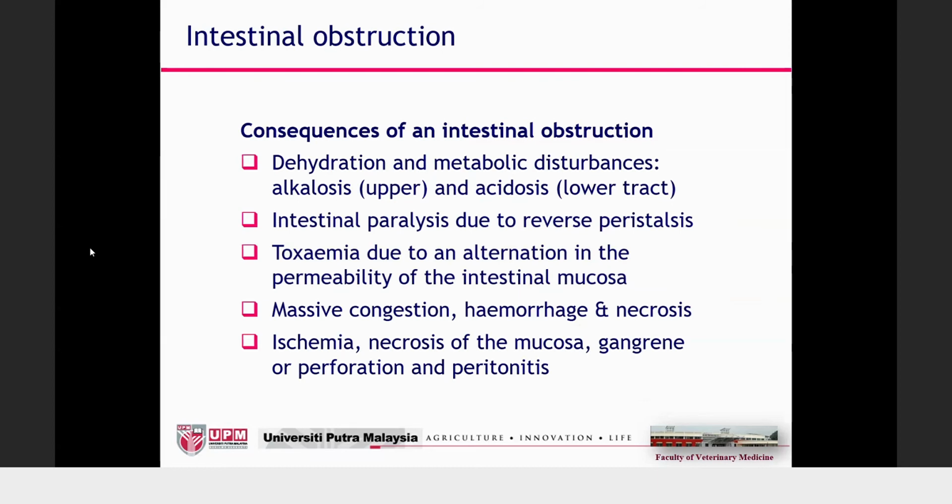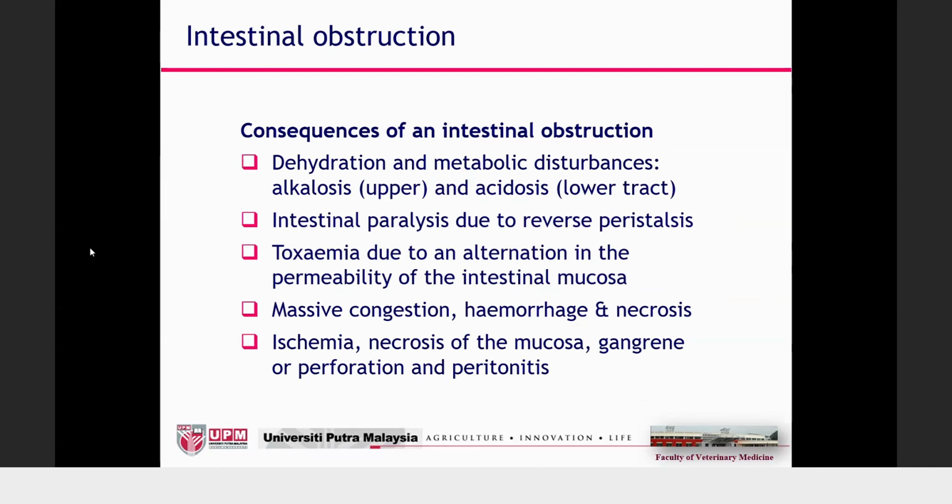When the obstruction occurs in the upper part of the GIT, that will lead to alkalosis, partly because the animal will lose a lot of acidity, or HCl, from the organs. When it occurs in the lower tract, it will lead to acidosis, partly because of accumulation of excessive acid in the GIT. That's why they have acidosis.